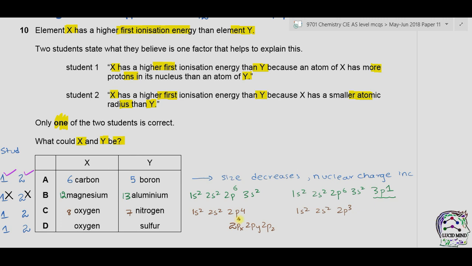As there are 4 electrons, we have 2 in the first, 1 in the second and 1 in the third. The electron removed first will be this one, as it is present in spin pair repulsion, so it means there is repulsion between electrons, due to which its ionization energy will be less.